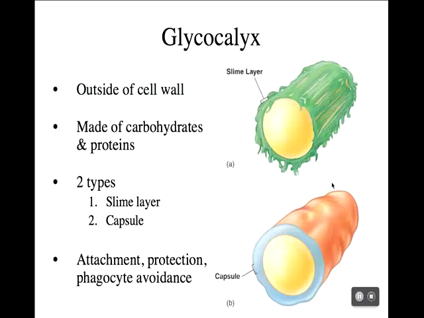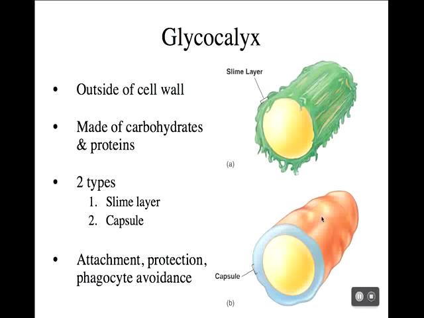The difference is how neatly those carbs are arranged. A slime layer is a loose, not very well organized structure. The carbs are just sort of grouped on top, while the capsule is a neatly organized structure, but really, potato, it's the same thing. They're all made of carbohydrates and proteins.